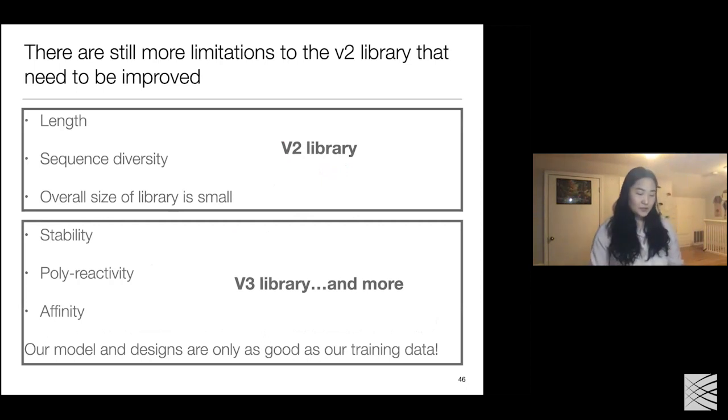But this brings me to this next point, which is there are still more limitations that need to be improved. And this involves stability, polyreactivity, affinity, specific biochemical properties that we have still not addressed because we are training on natural repertoires. And so again, because our model is only as good as our training data, it really matters what we're learning from.